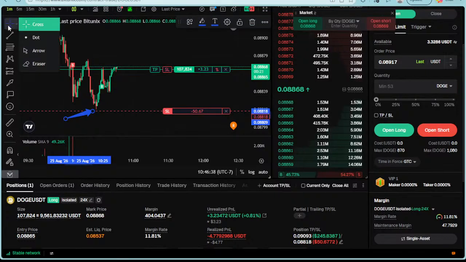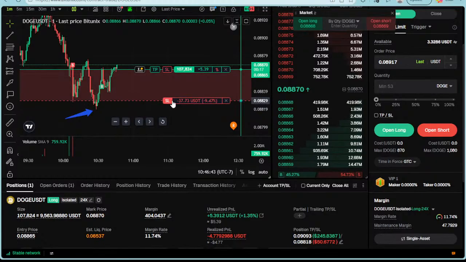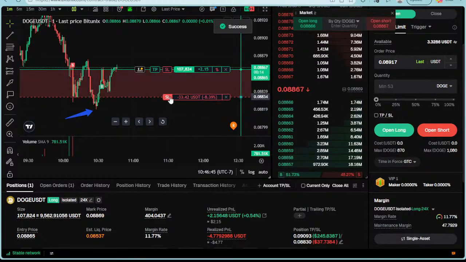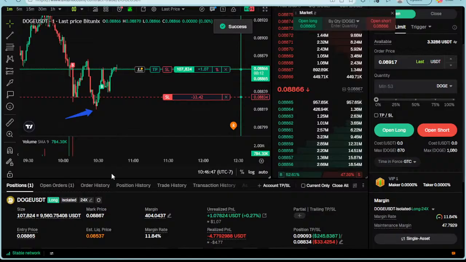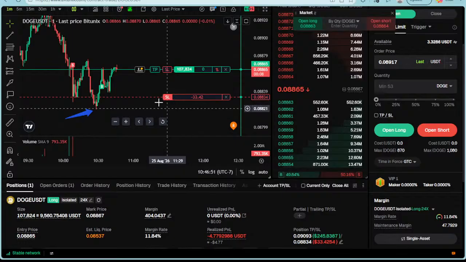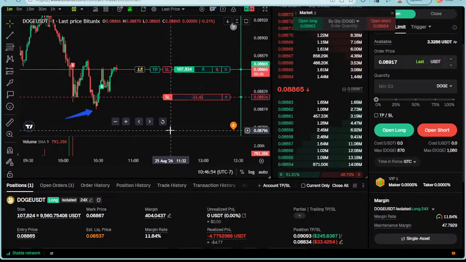Right there. And then if it starts to move out a little more, I'll keep moving the stop loss up, just ensuring that I'm taking less loss and then eventually just profit.